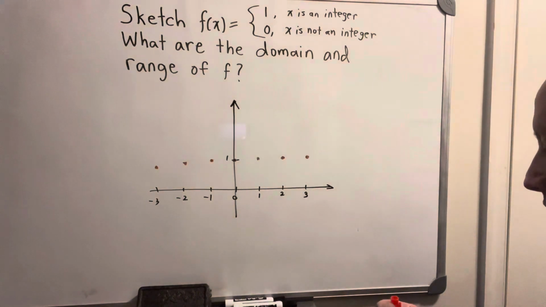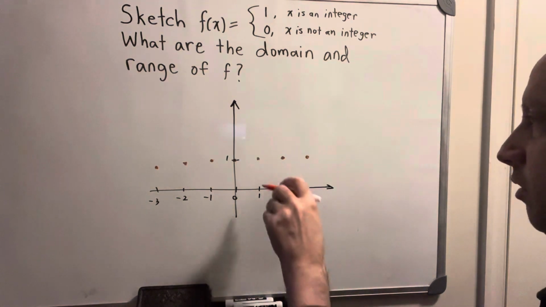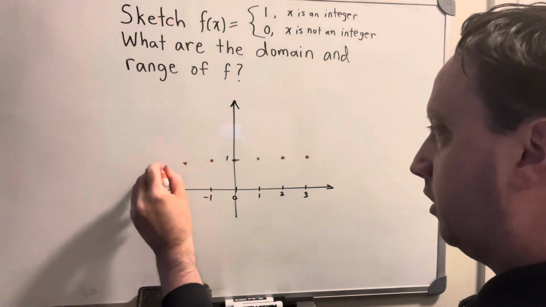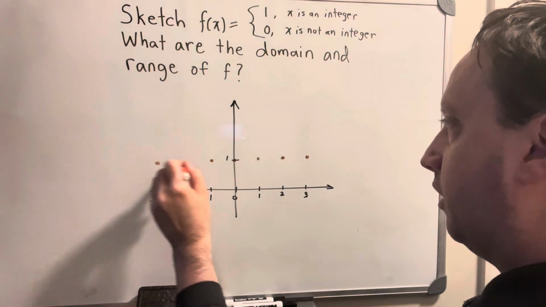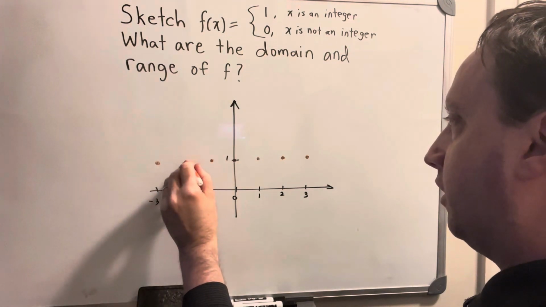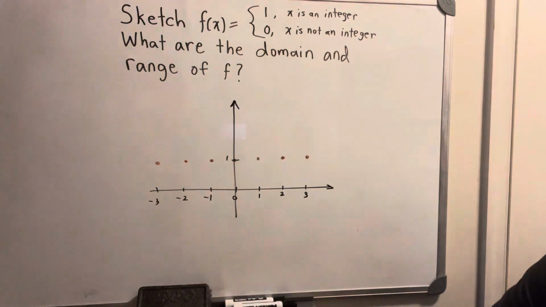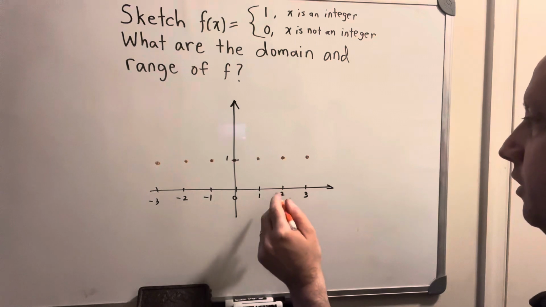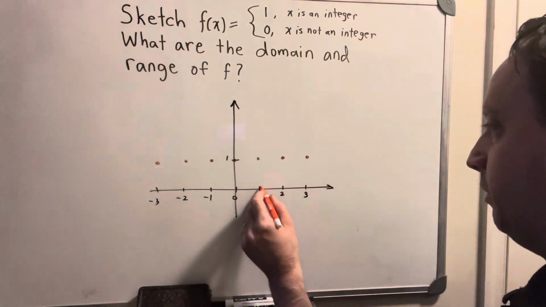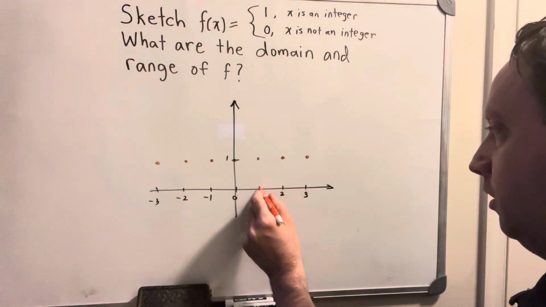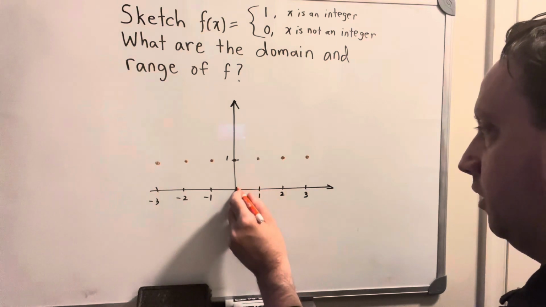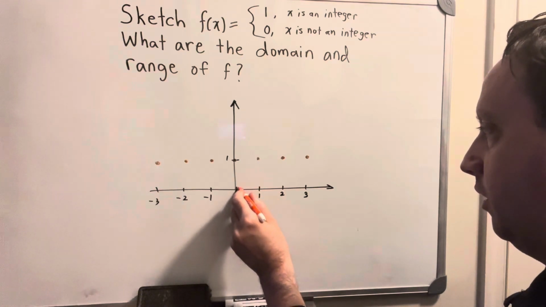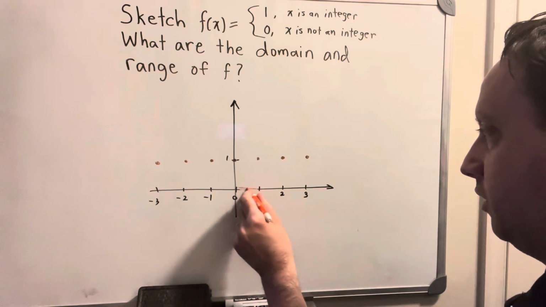And all these other places on x, which are not integers, the function is going to be 0. I'm just going to draw it close.